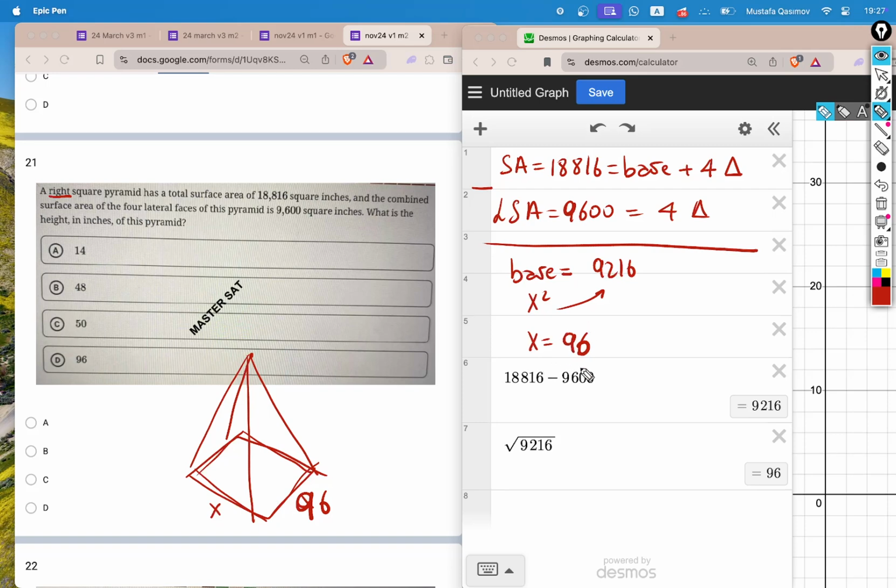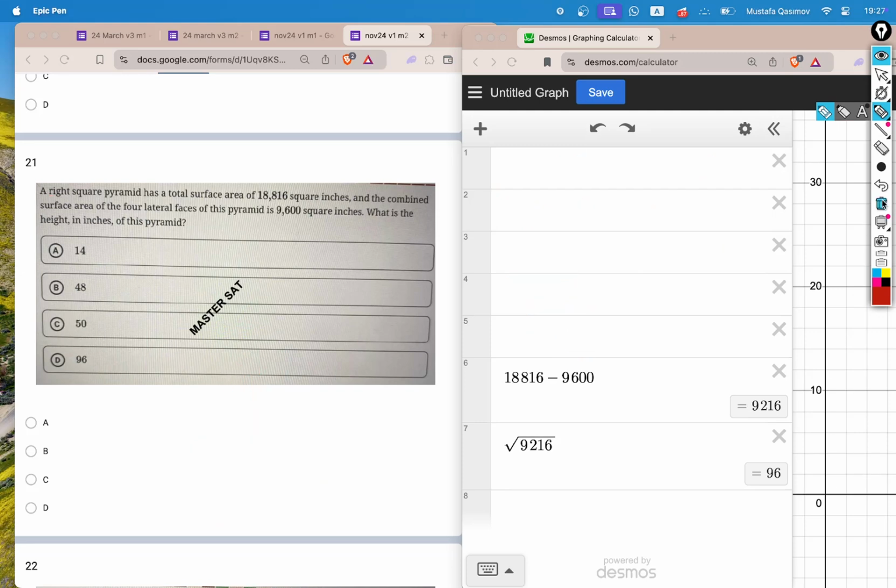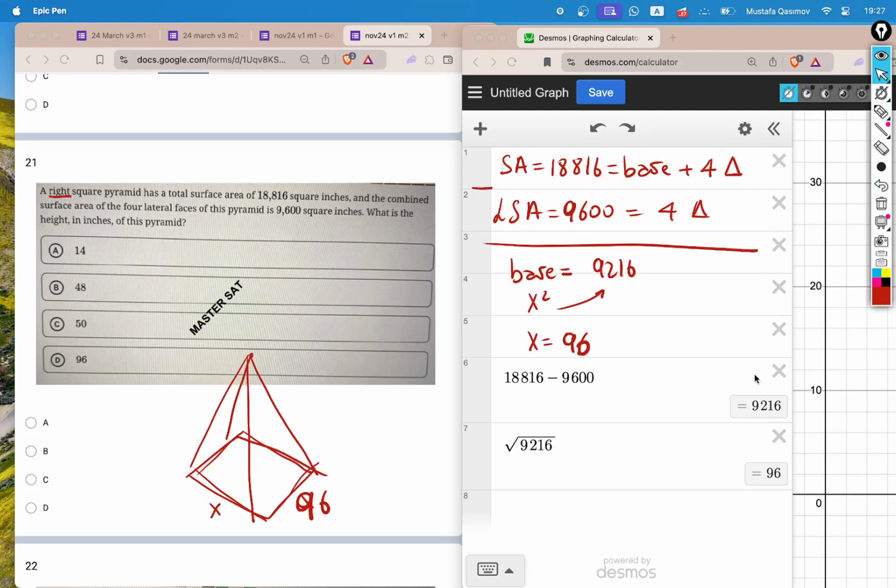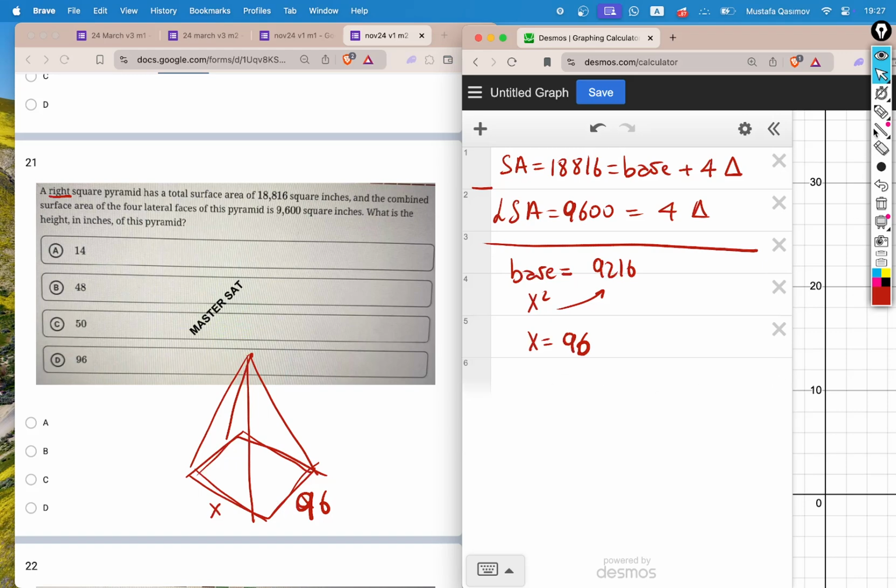So after finding this 96, we have to use the lateral surface area. Then we have to write for the triangles 4 multiplied by 1 over 2 multiplied by 96, because the base of the triangle is 96, multiplied by h, the slant height, is equal to 9600.